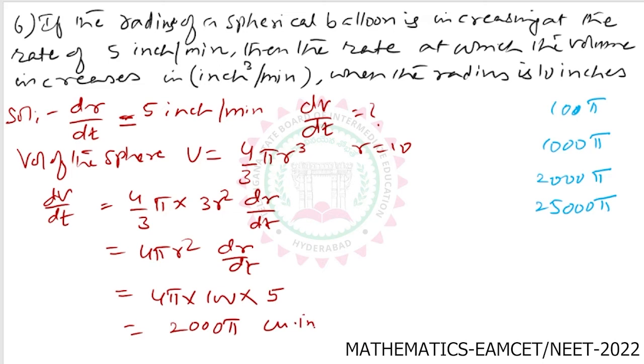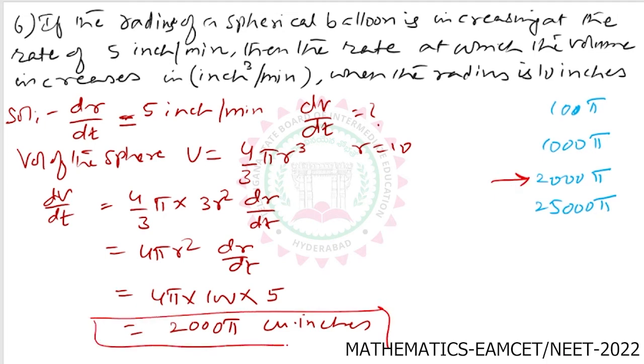Cubic inches, because everything is in inches. So, what is the answer? 2000 pi. So, that is the third option. Is it clear? By seeing, the question is very lengthy, but the answer is very simple.